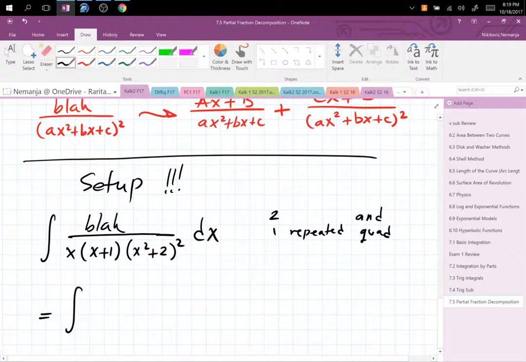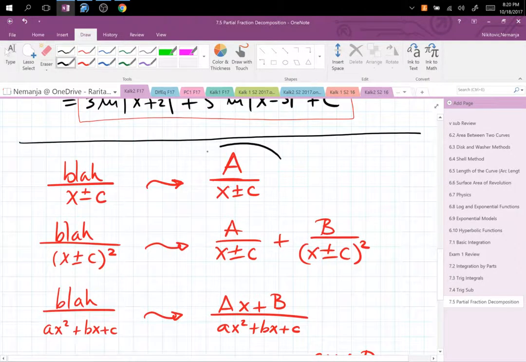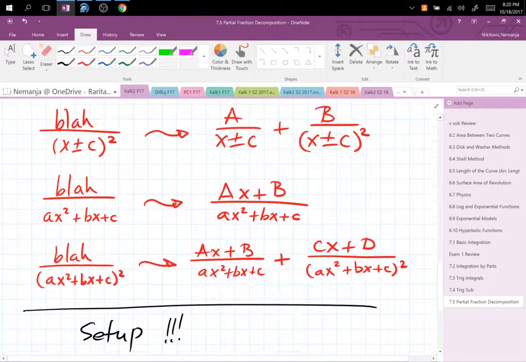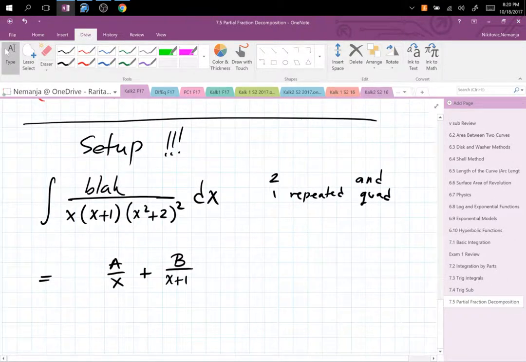So this is equal to the integral. Don't forget the parenthesis, because now we're going into addition. Linear term, A over x, right? You keep the same denominator. Plus another linear, B over x plus 1. That's the setup. Now observe that I'm still using the first formula for the second term, but A is already used up, so I have to use B now.